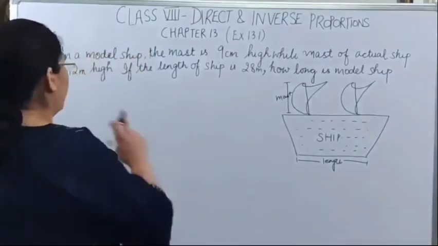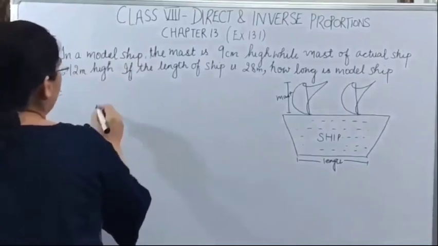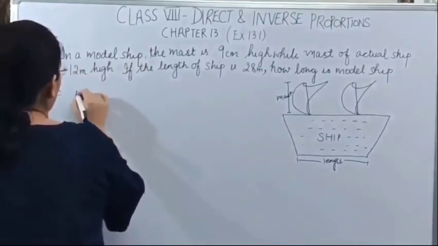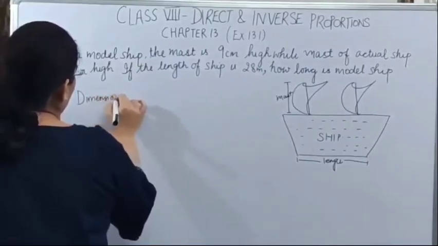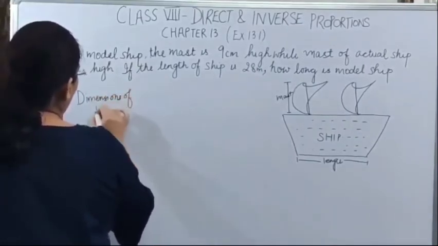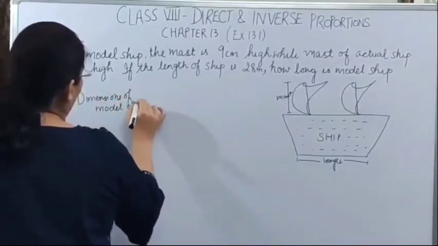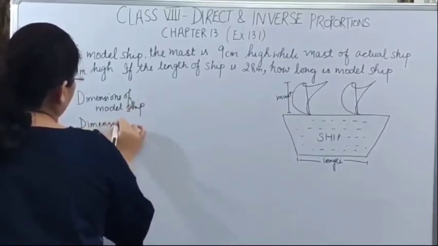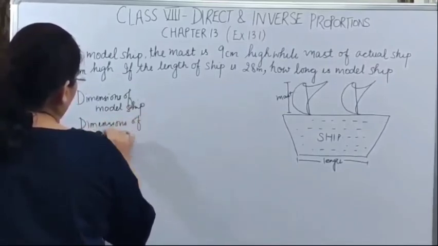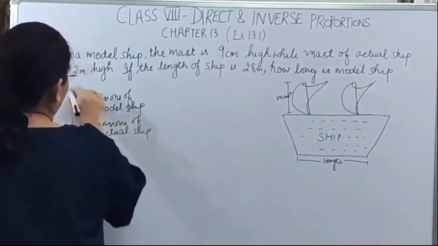Now we all know that the first step will be to tabulate. So we say model dimensions of the model ship and dimensions of the actual ship. I will put it in the form of a table.